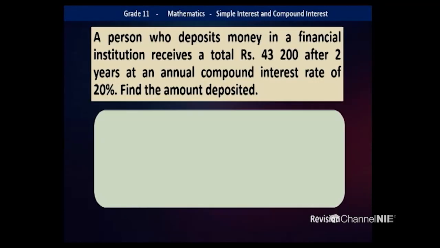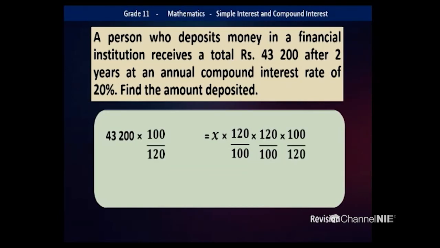Then how to find x? Simple mathematics, like solving simple equations. To remove 120 upon 100, you take the reciprocal of it. When you are taking the reciprocal, you have to write it on both sides. To remove 120 upon 100, you take 100 upon 120 into both sides.